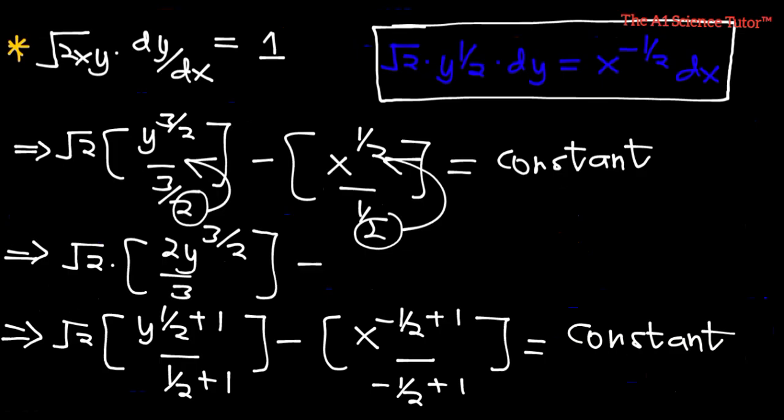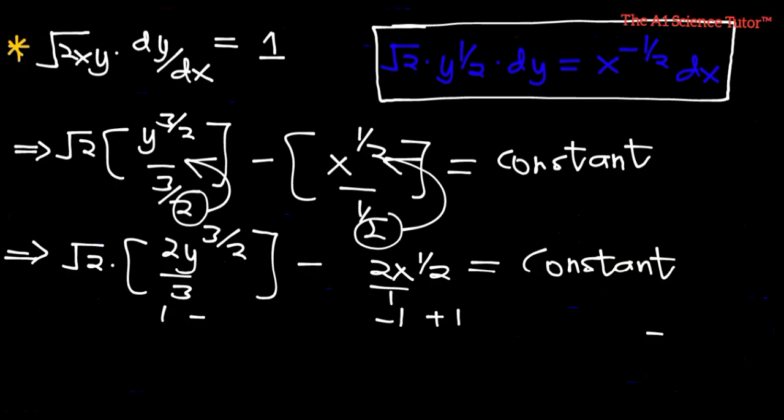And here we have 2 multiplied by x raised to the power of 1 over 2. And this is equal to a constant. Now basically this should be divided by 1. So even if we have it divided by 1, that basically doesn't make any difference, so you might not really need to write it there.